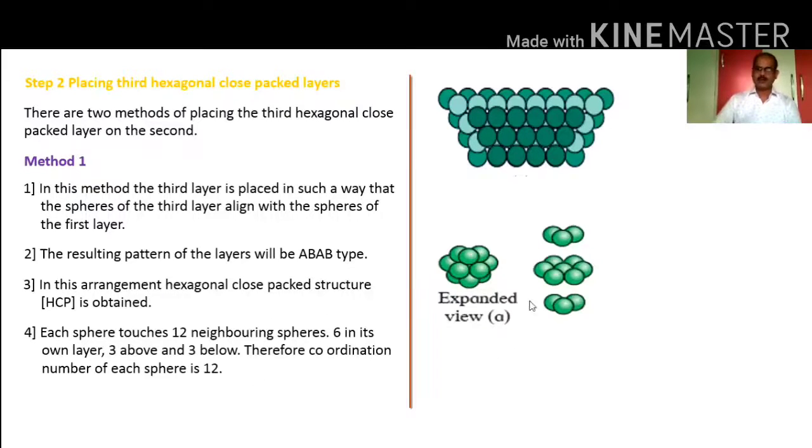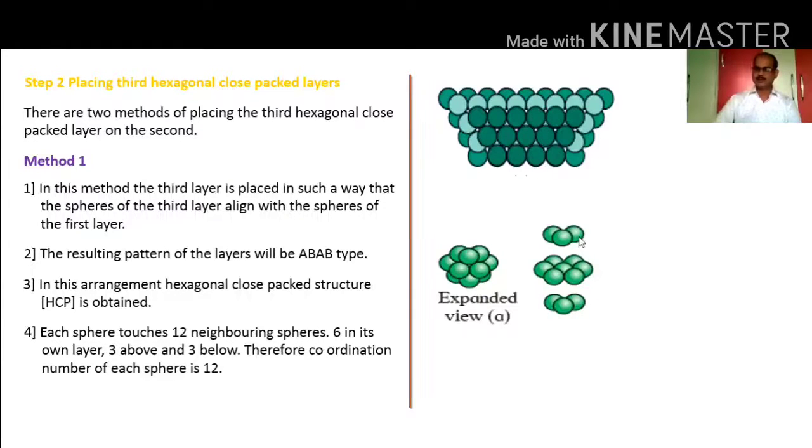To understand this point, please see this particular figure. Take the middle layer. See the sphere which is at the center. It is in contact with 1, 2, 3, 4, 5 and 6 spheres which are present in the same layer. These 3 spheres are in the above layer and these 3 spheres are in the below layer.